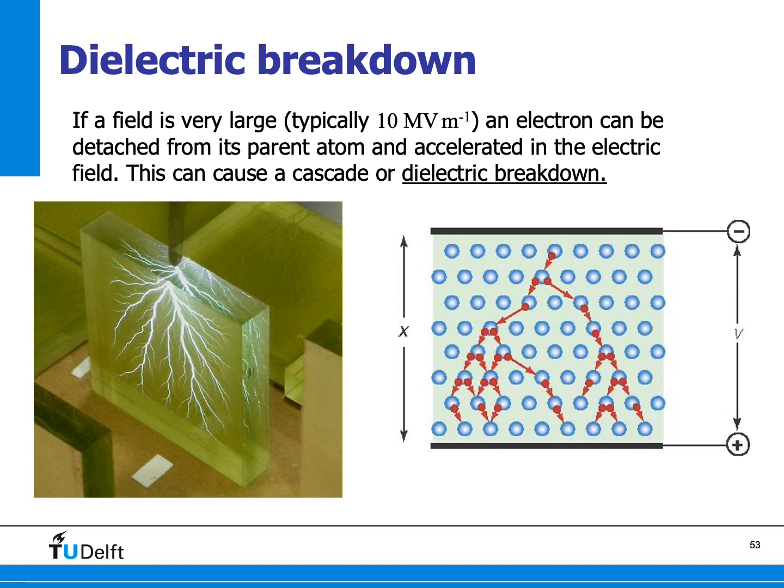If an electric field is very large, typically of the order of 10 megavolt per meter, an electron can be detached from its parent atom and accelerated in the electric field. This can cause a cascade or dielectric breakdown, and that's what you see in both pictures in real life and here a schematic.